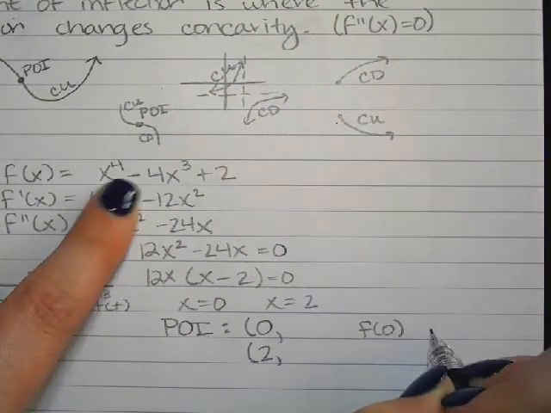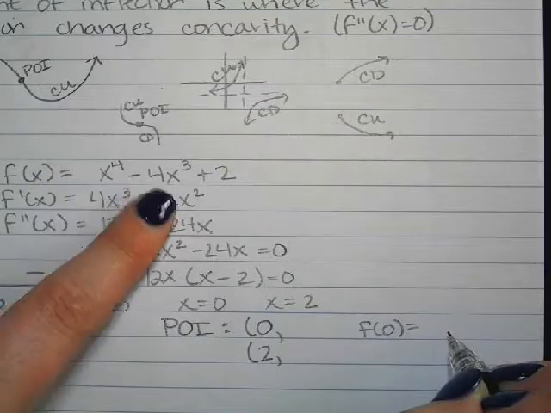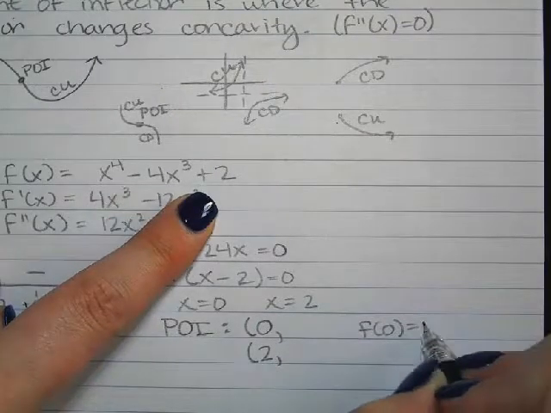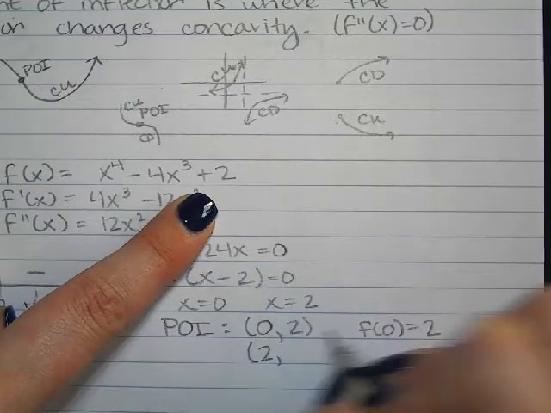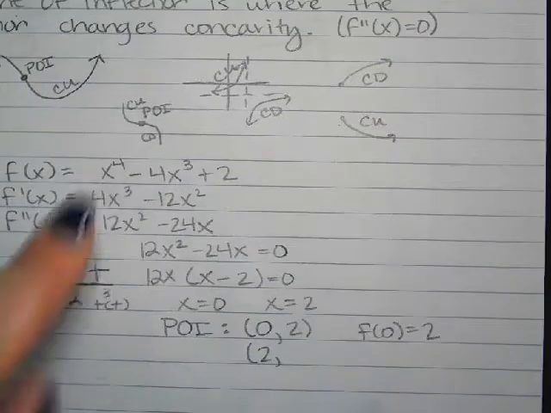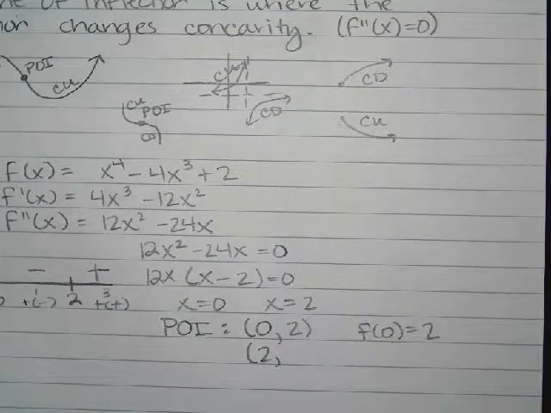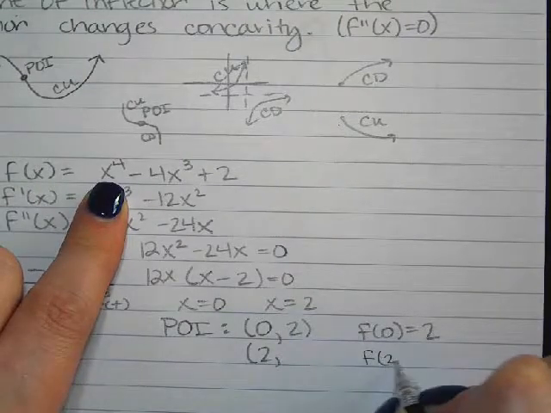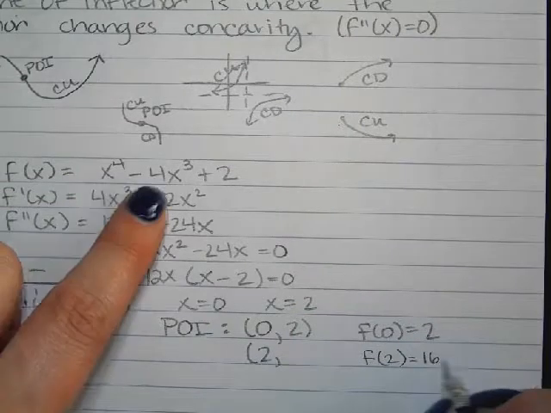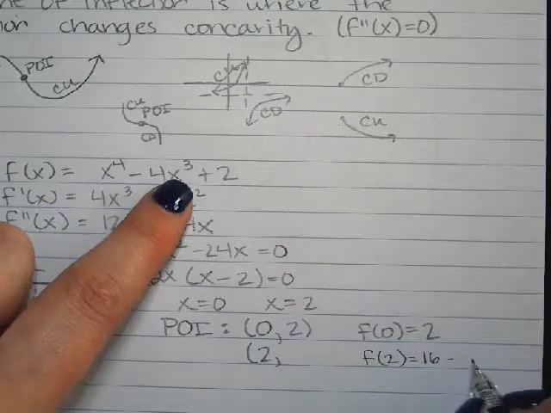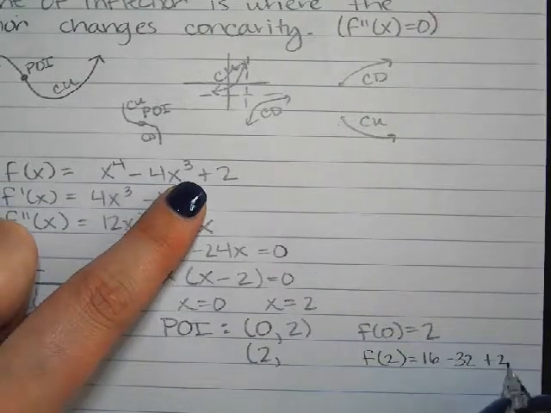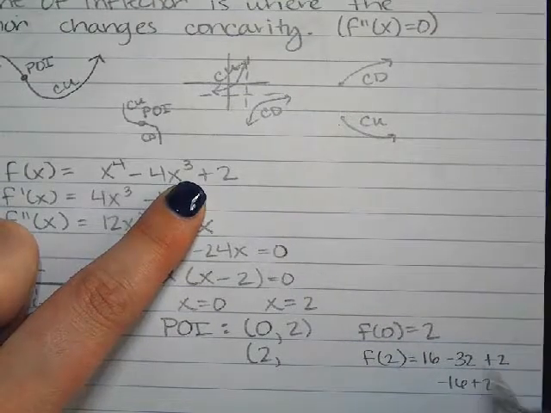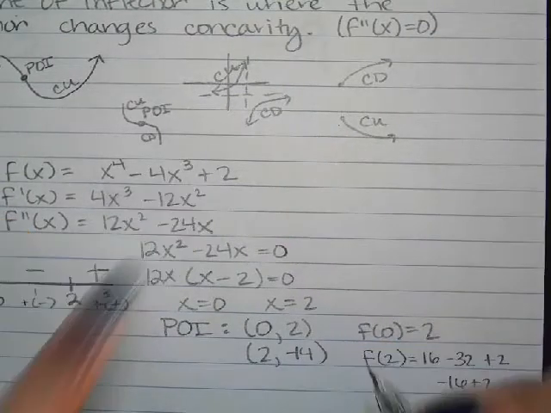F of 0 is 0 to the 4th minus 4 times 0 cubed plus 2, which is 2. If only they were always that easy. F of 2 is 2 to the 4th, 16, minus 4 times 8, plus 2. So there are your points of inflection.